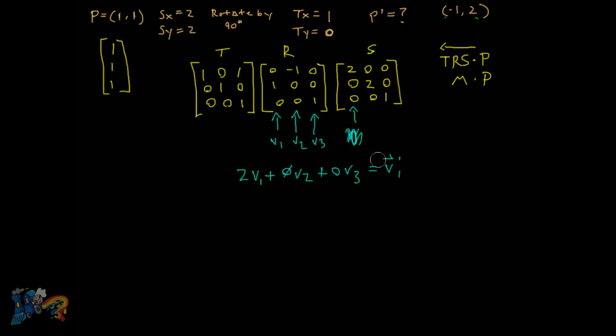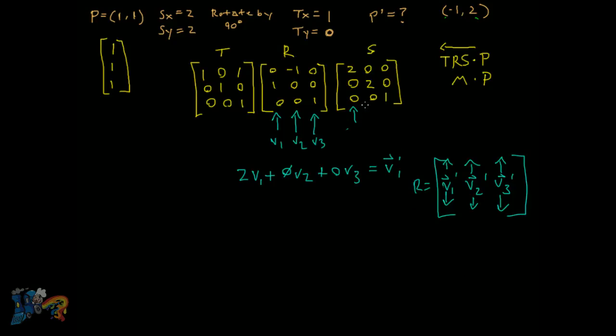Now in our resulting matrix R, v prime 1, v prime 2, and v prime 3 all become column vectors of this matrix, and this is how we form the other matrix.